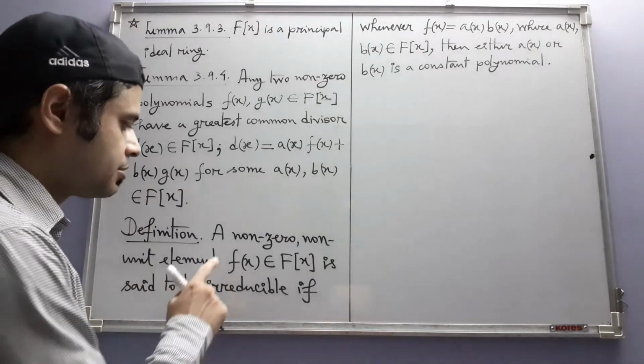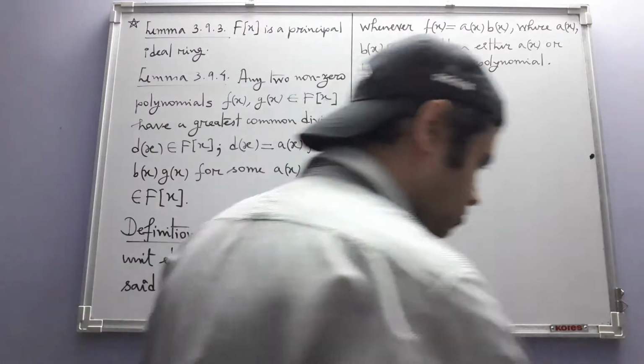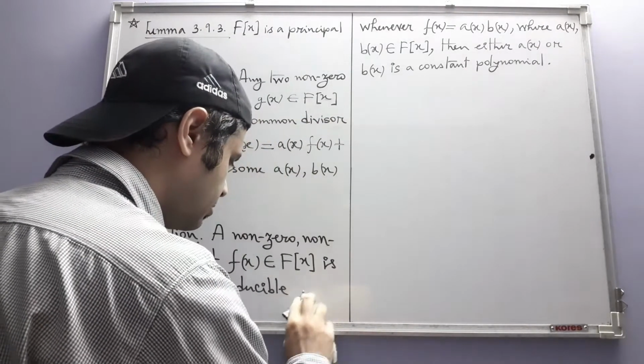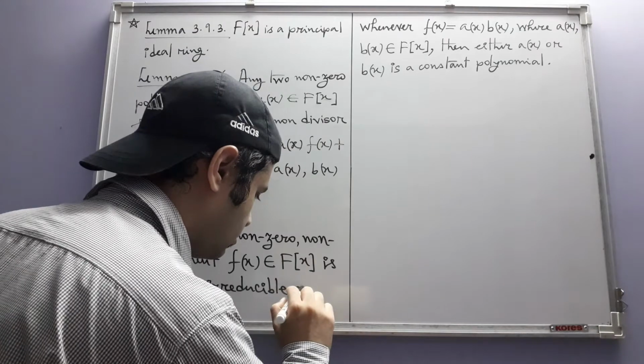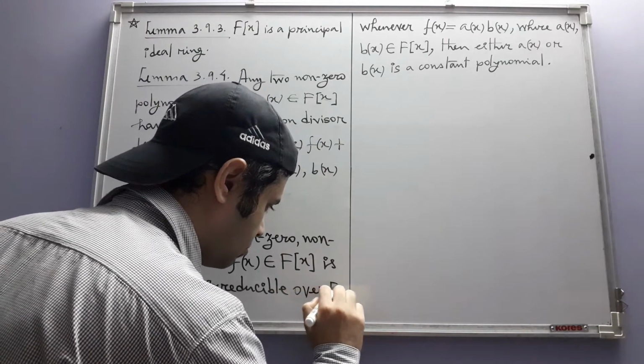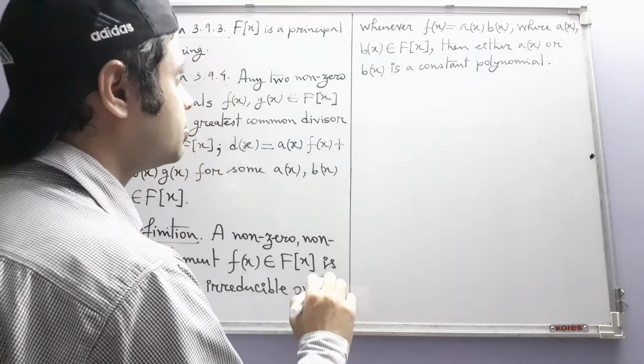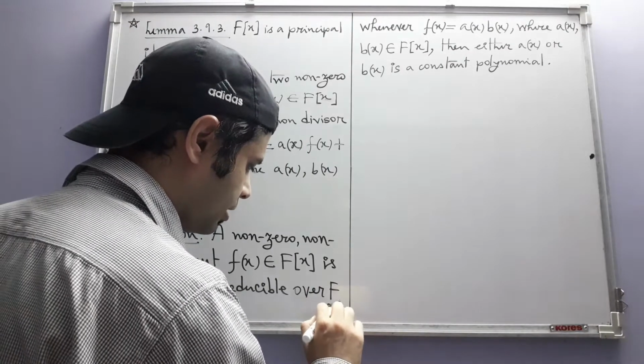So that means, I forgot to write one more thing: irreducible over F, if, let me write the if here.